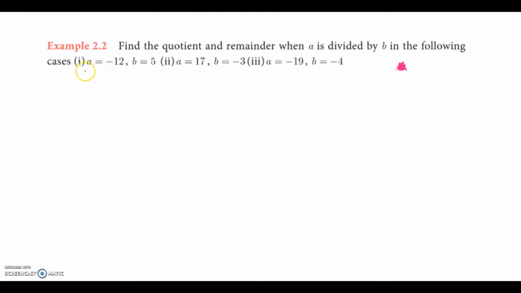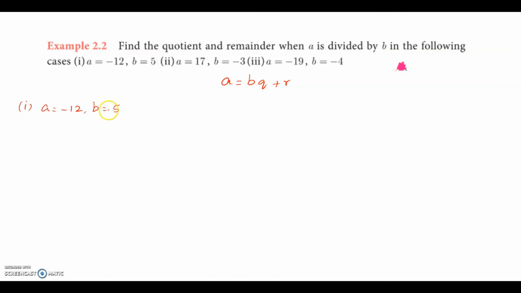So we need to write these as an expression in terms of Euclid's division lemma, which is A is equal to BQ plus R. Okay, so let's take the first one. In the first one, A is equal to minus 12 and our B is 5.